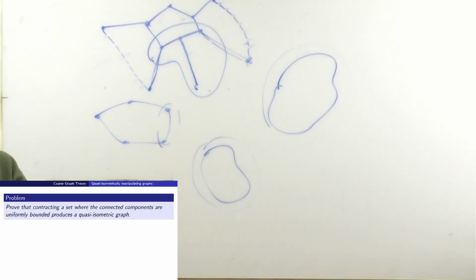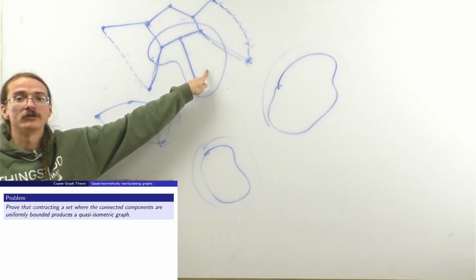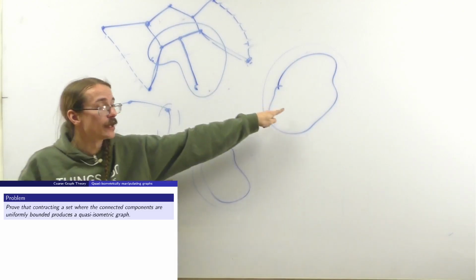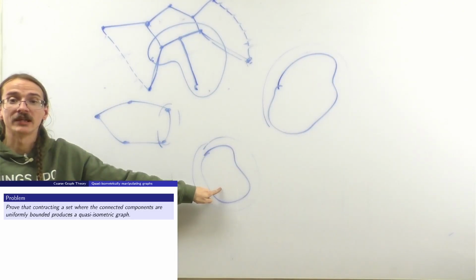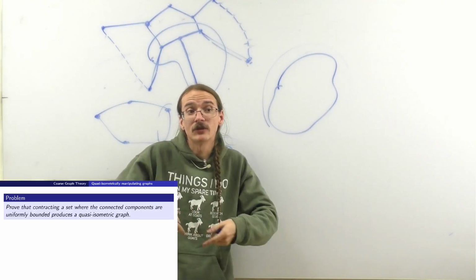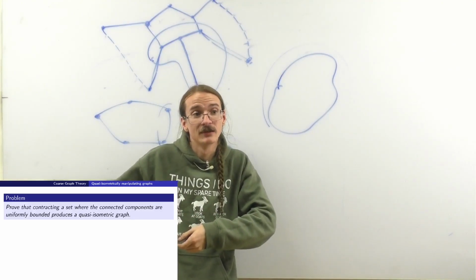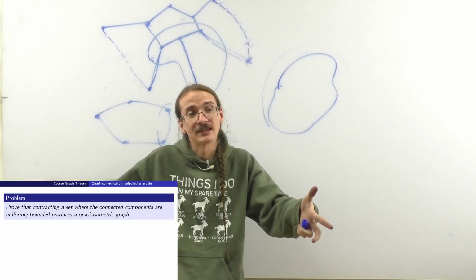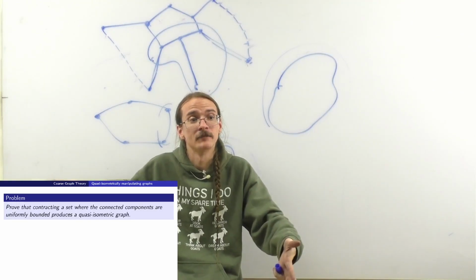This is different from the connected components just being individually bounded, because this might have a bound M1, M2, M3, and then M4, and these M's might just keep getting bigger and bigger off to infinity. So no matter how big, I can find a set that's bigger than that is still connected.